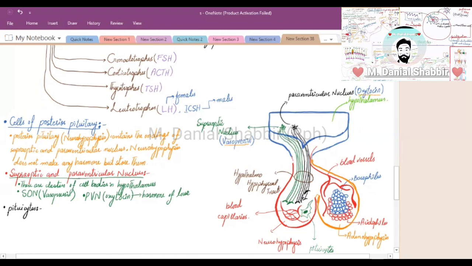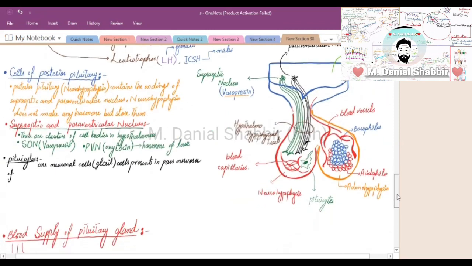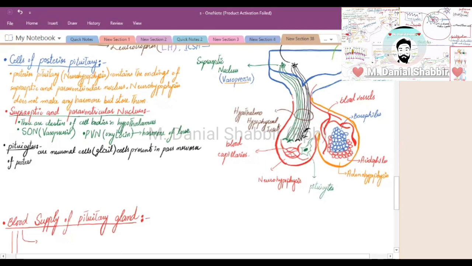Pituicytes are neuronal cells, especially we can say glial cells present in the pars nervosa of the posterior pituitary.